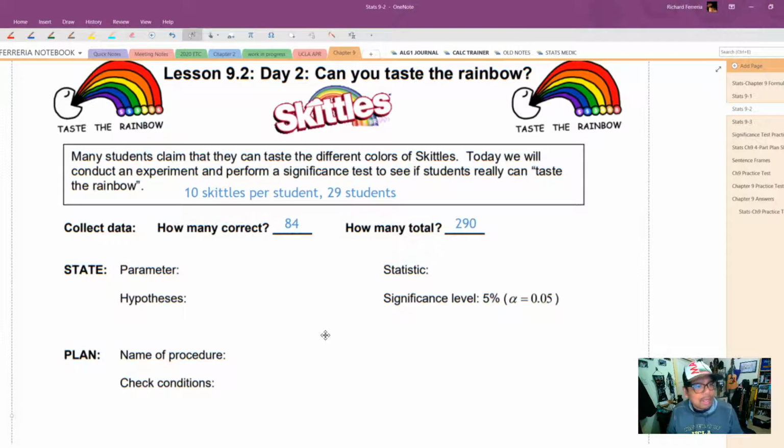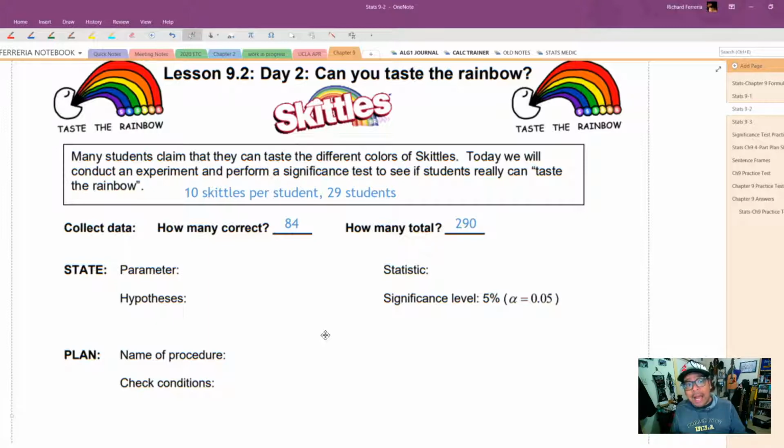Many students claim that they can taste the different colors in Skittles, and today we're going to conduct an experiment to perform this corresponding significance test to see if students really can taste the rainbow. Now, usually we would do this in class, and the idea is you're going to pinch your nose and try a bunch of Skittles, and also blindfold yourself and try the Skittles.